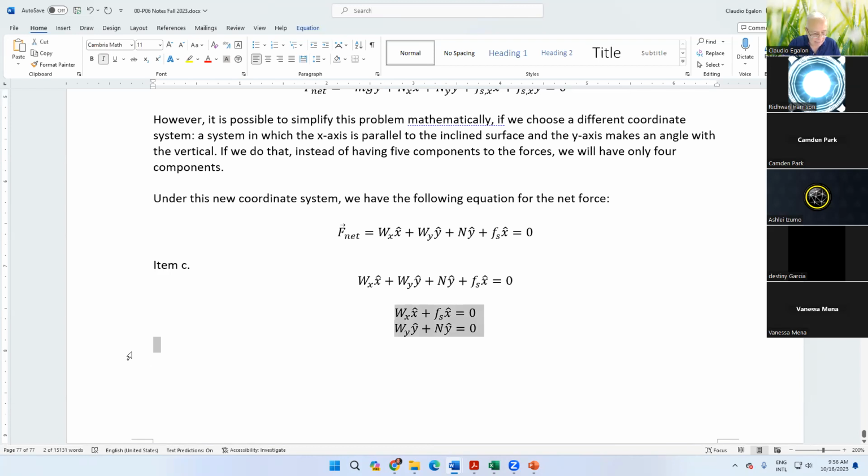And we can eliminate the vectorial components in the equations. Two equations: one along the x direction, the other along the y direction.